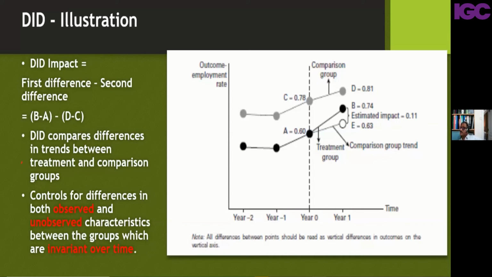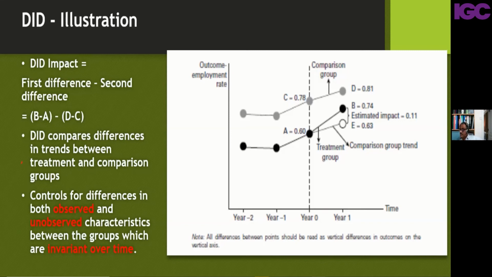So we are not saying that the two blocks where we have compared the outcomes are exactly the same. What we are saying is that whatever observed and unobserved differences were there between these two blocks, they have remained the same over time. And if you can make that assumption, then the difference in difference estimate, B minus A minus D minus C, gives you the estimate of the impact of the program.